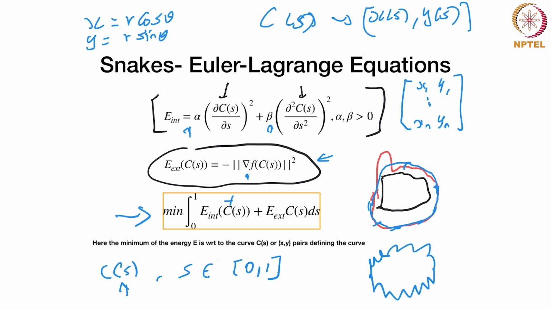Since C of S is nothing but a collection of these points x comma y which make up the curve, we are trying to estimate a bunch of x comma y, which form the boundary of the object, by minimizing this functional. And of course remember, S is the parameterization of the curve. S varies continuously from 0 to 1, and as S varies, you can generate x and y as you will.